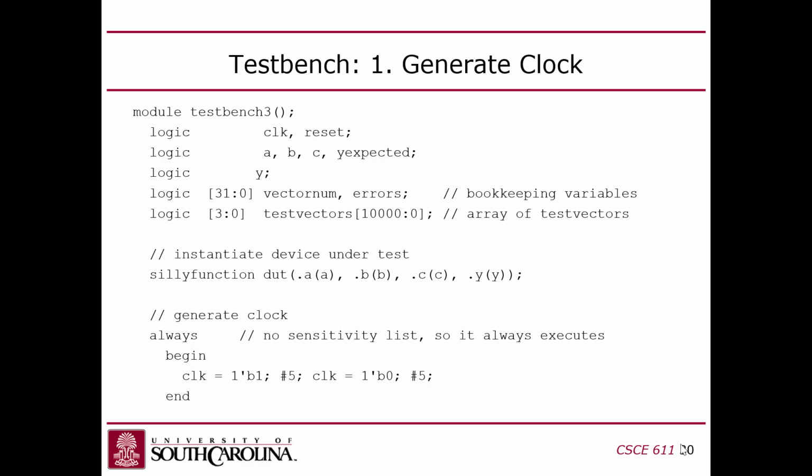This is the depth. So in Verilog, when you have a 2-dimensional array, the width goes first. It appears before the name of the signal when you declare it. And the depth appears after the name. Why is that? I don't know.